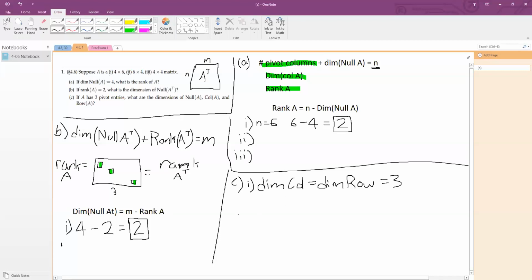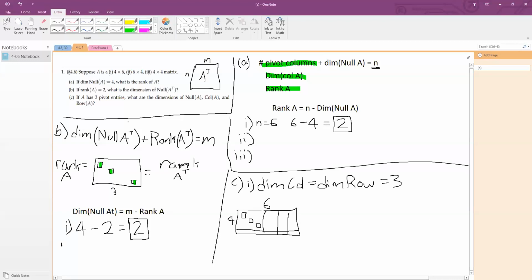We have here a 4 by 6, so we have 4 rows by 6 columns. And if we have 3 pivot rows, 3 pivot columns, then we're going to be left with 1 row and 3 columns. So we're left with 3 non-pivot columns and a non-pivot row.